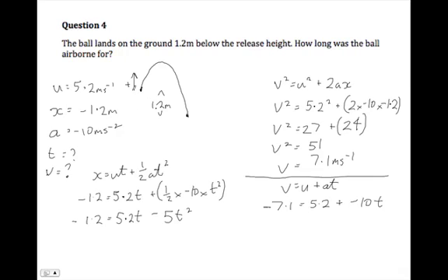Plus 7.1 would indicate that it's travelling upwards at 7.1, which is not right. So minus 7.1 minus 5.2 is minus 12.3 equals minus 10t, divide both sides by 10, t equals 1.2 seconds.